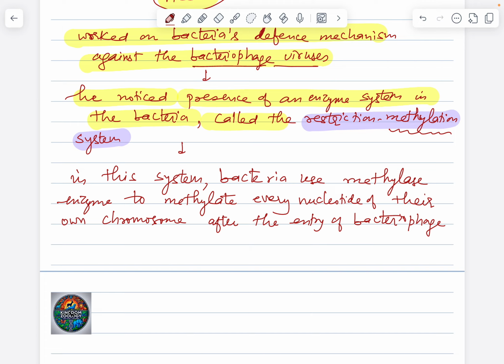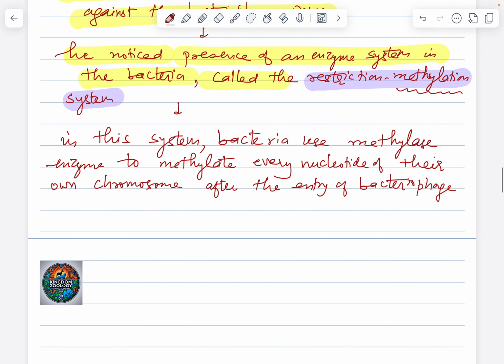It's something similar over here also. Once the virus is inside the bacteria, what is the bacteria supposed to do? Try and protect itself. So how does it protect itself against the virus? First thing that the bacteria does is use methylase enzyme to methylate nucleotides of its own chromosome.